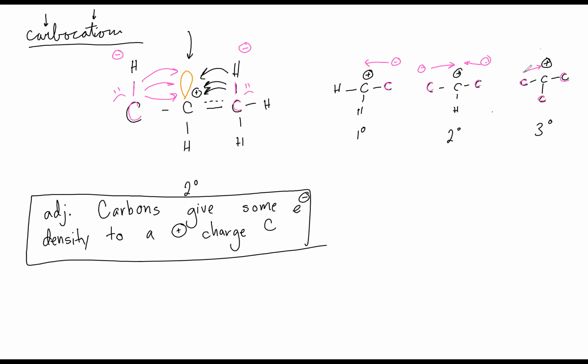And in tertiary, all three of them do. So the tertiary carbocation gives more negative charge to that positive charge, thus stabilizing it, making it more neutral, because generally the more neutral you are, the more stable you are. This is why tertiary carbocations are more stable than secondary, which are more stable than primary.